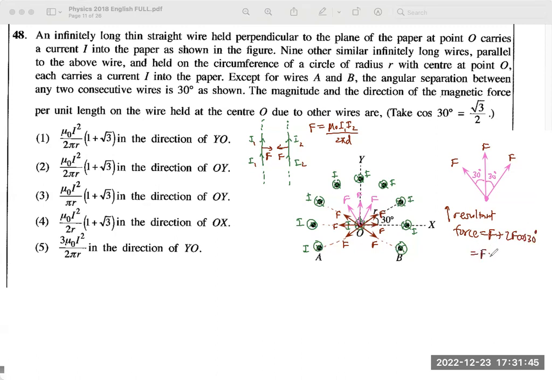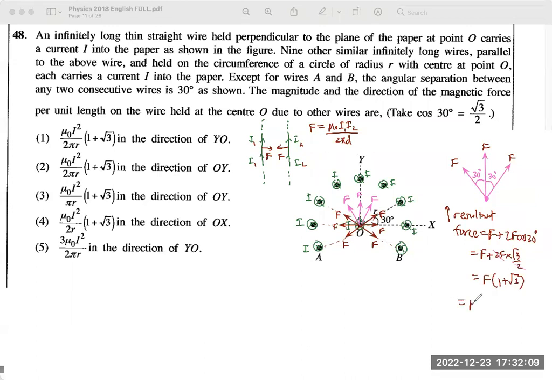So it is F plus 2F into root 3 over 2. When you take F out, it will be 1 plus root 3. Then what is it? For F we have an equation, this equation.